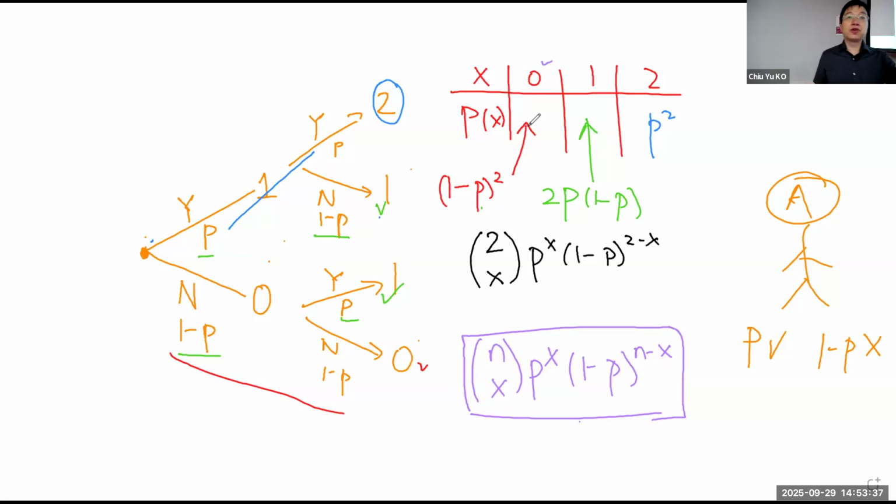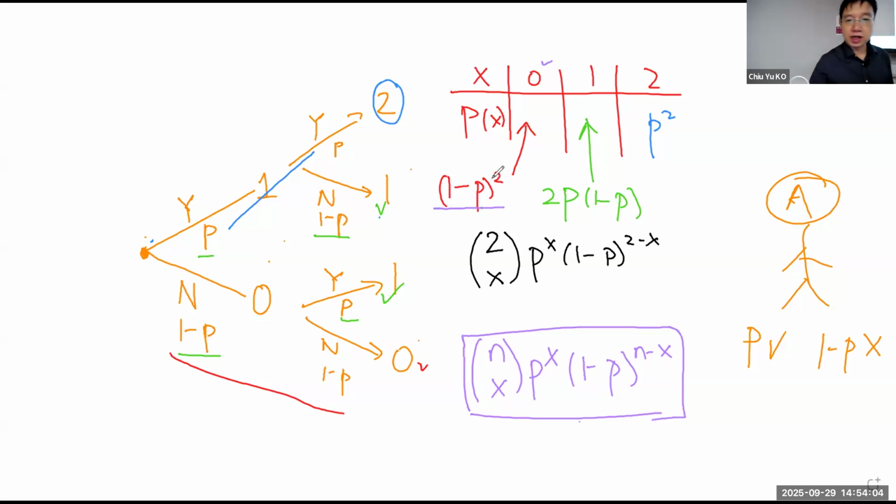In order to have 0 is fail and fail, and because they are independent, the multiplication rule is just multiply together. So 1 minus P times 1 minus P. And that is fail and fail. And how many different ways can you have fail and fail? That's one way.